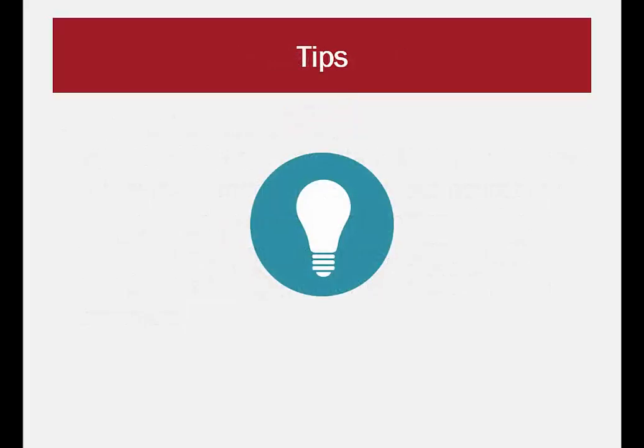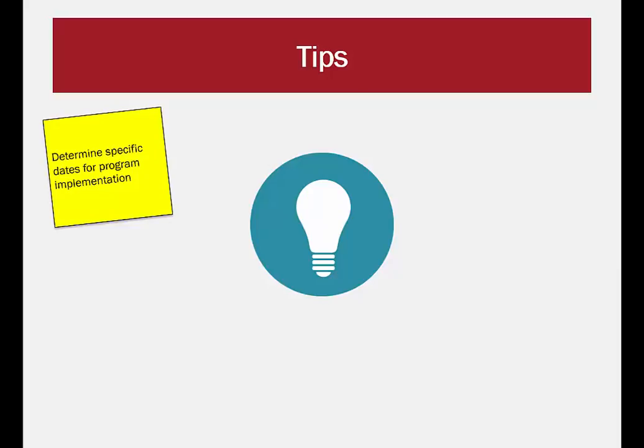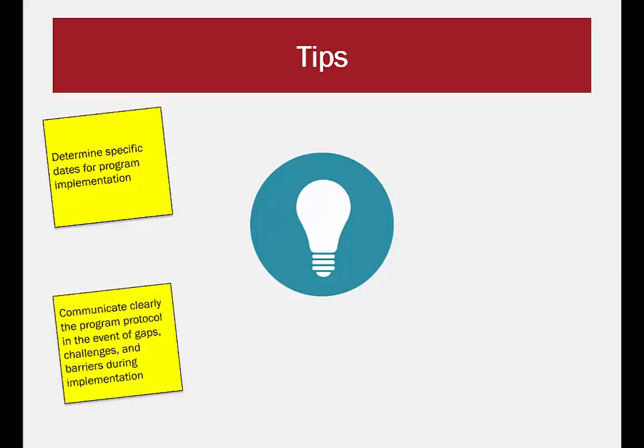When developing an action plan or any implementation plan, here are a few tips to keep in your back pocket. 1. Determine specific dates for program implementation. 2. Communicate clearly the program protocol in the event of gaps, challenges, and barriers during implementation. 3.